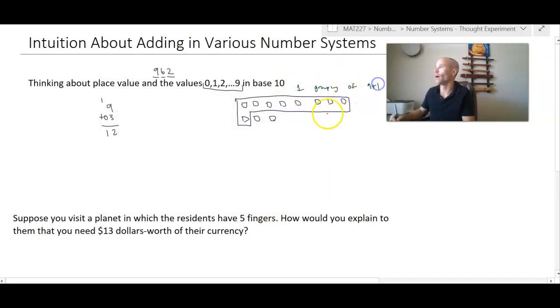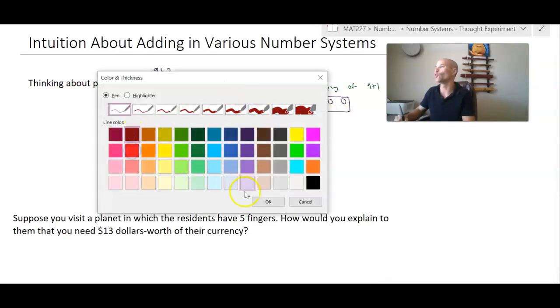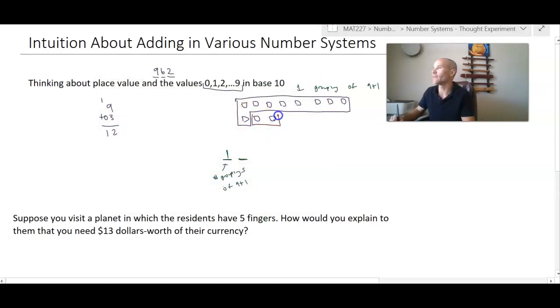Rather than keep track of it in the ones place value, which could be any number between 0 and 9, I'm going to create a second digit, and this is the number of groupings of 9 plus 1. So in 9 plus 3, I have one full grouping of 9 plus 1, but then I have a residue of 2 extra units.